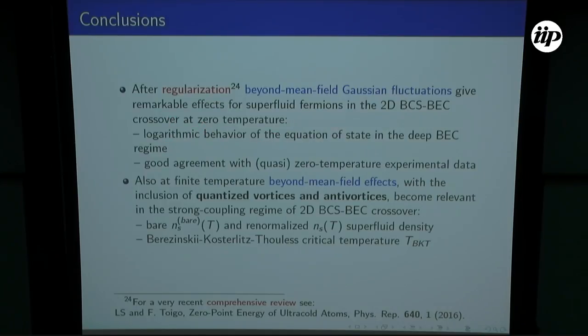The logarithmic behavior of the equation of state, the Popov equation of state, is in agreement with the quasi-zero temperature experimental data. Also at finite temperature, beyond mean-field effects, with the inclusion of quantized vortices and antivortices, become relevant in the strong coupling regime of the crossover. And what is important is the fact that the superfluid density is renormalized, and obviously this changes a lot the Berezinskii-Kosterlitz-Thouless critical temperature, in particular in the BEC regime.